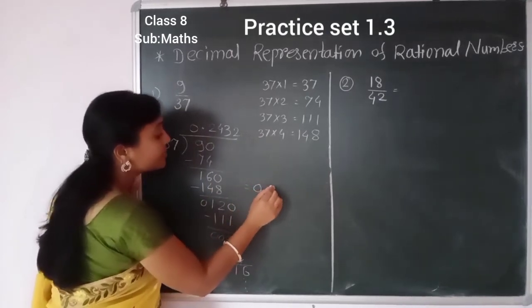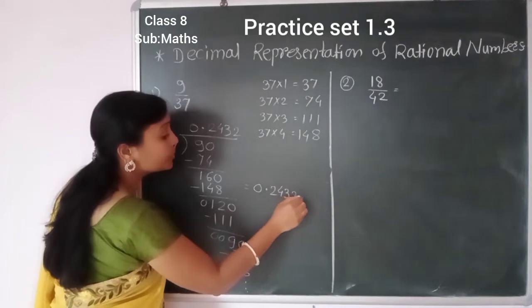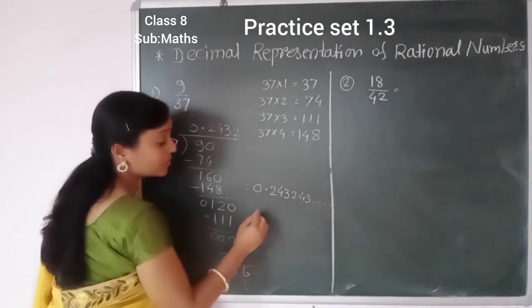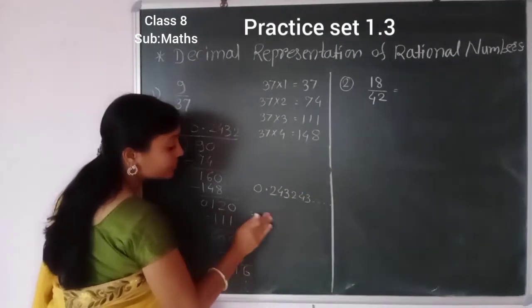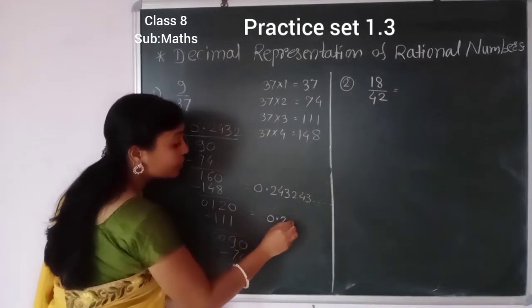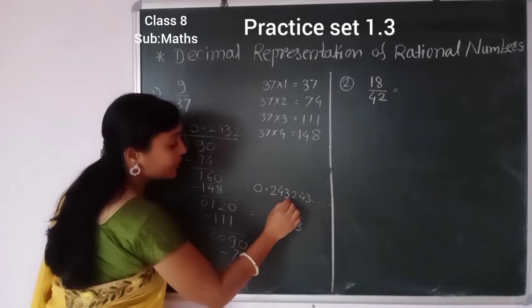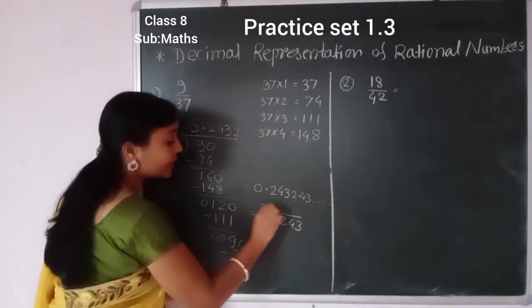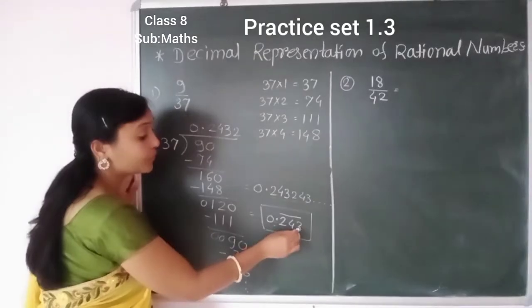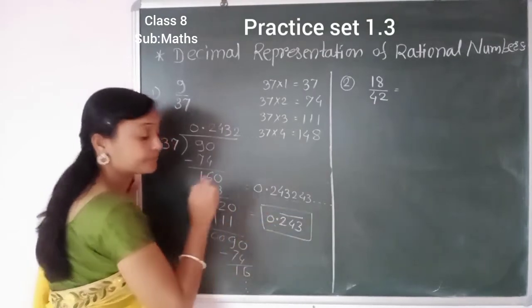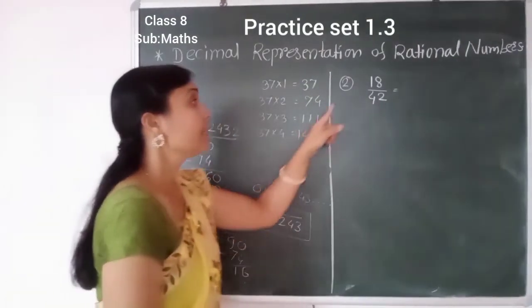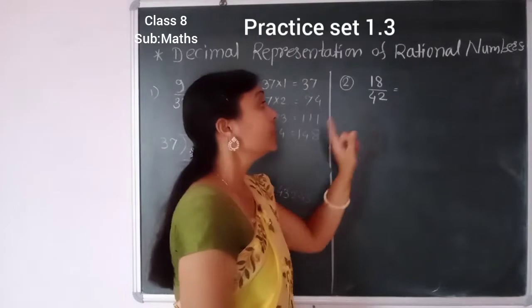Our answer is 243, 243 and going on. So we denote 0.243 bar, because this group of digits is repeated. Our answer is 0.243 bar.